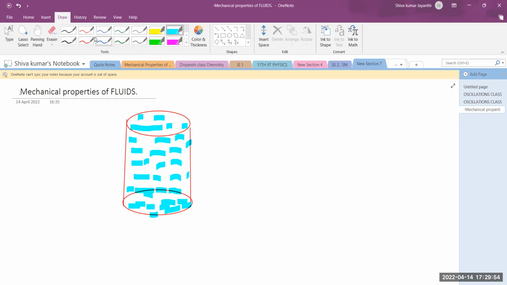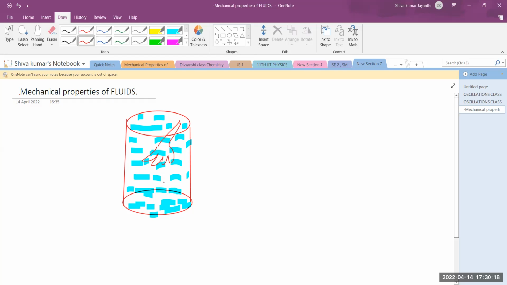Now, in our everyday observation, when we try to dip something in it, what happens? It will not go easily. If you insert your hand in water, what happens? You will feel that your hand is experiencing a force and it is being pushed away. Is it or not? It's an everyday observation.